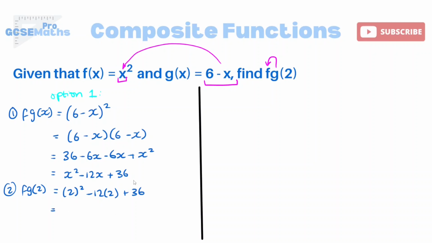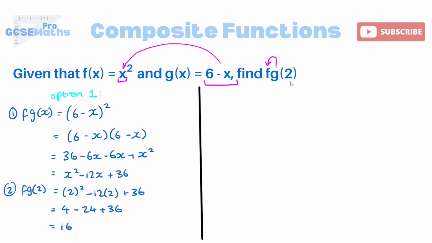And you just work that out. If it's a calculator question, obviously just put it in the calculator. So we've got 4 minus 2 times 12 is 24 plus 36. So 4 minus 24 is minus 20 plus 36 is 16. So the answer is 16. This option is more consistent with what we've just done. It's kind of like do what we just did, what we've just learned, and then add an extra step.